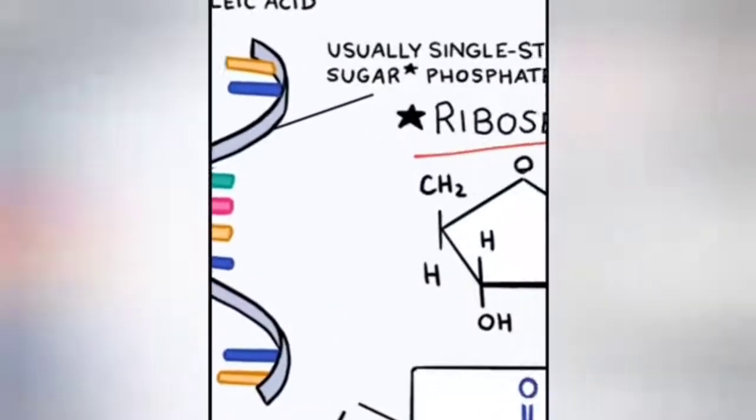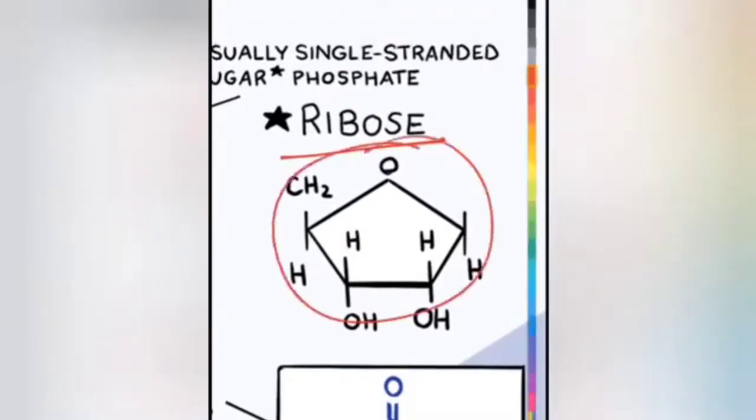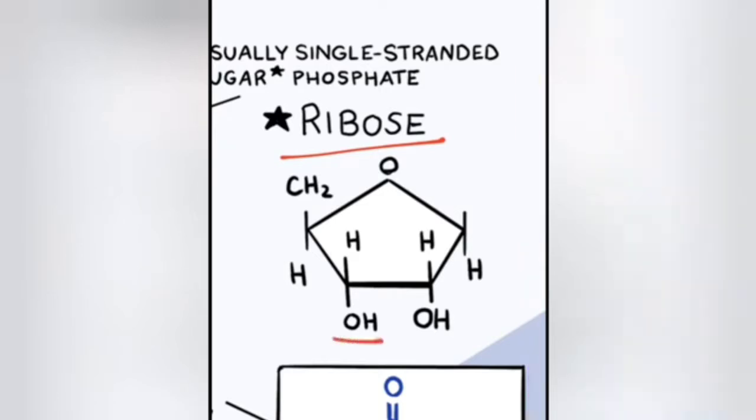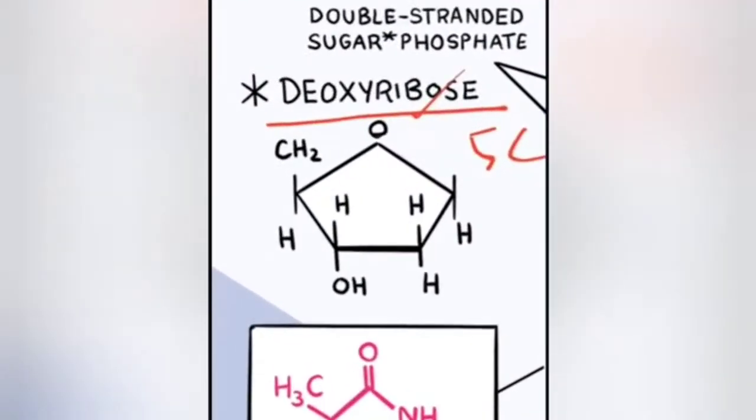Talking about ribose first, here you can see the structure of the ribose sugar, and in this ring structure, two OH groups are present, correct? But as you go on to this structure, you see that only one OH group is here, and here this is not an OH group, this is just a hydrogen.